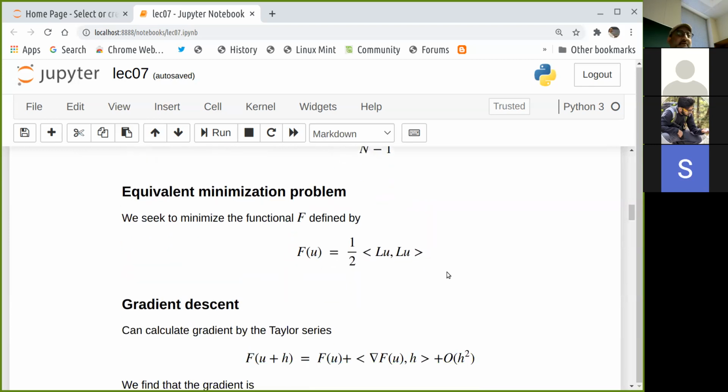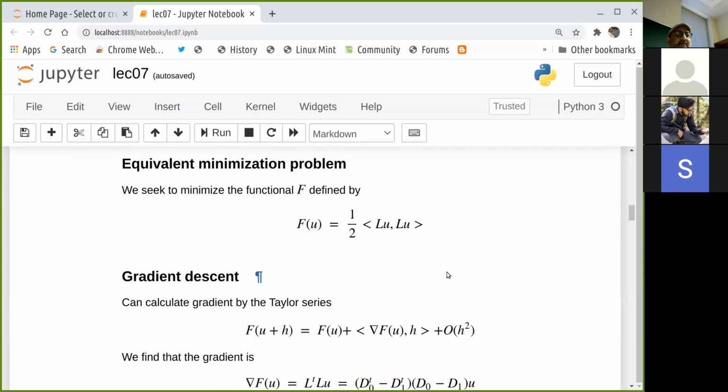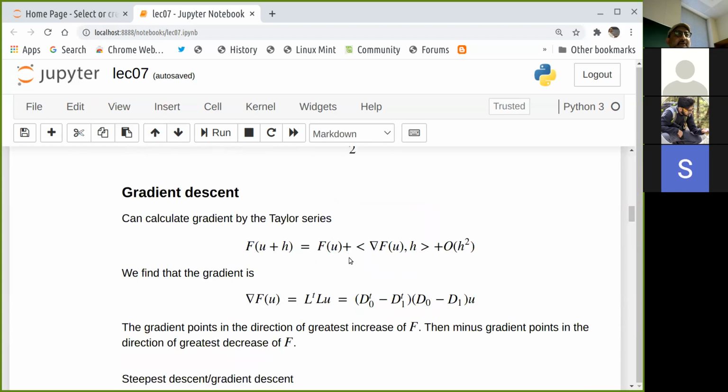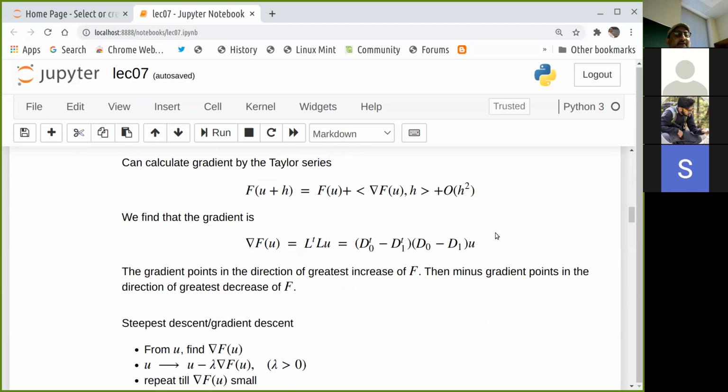And we said that this could be done using gradient descent. So you do this Taylor series: f of u plus h equals f of u plus the gradient of f of u inner product with h plus order of h squared. And if you run through the calculations, you will get that the gradient is the adjoint of L times u. So that's D0 adjoint minus D1 adjoint acting on D0 minus D1 acting on u.